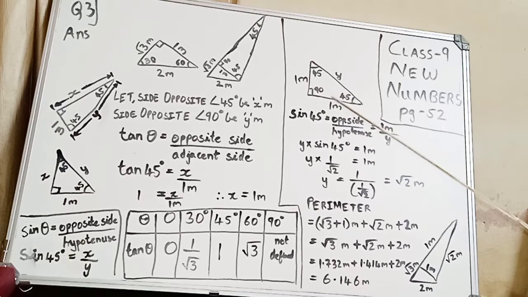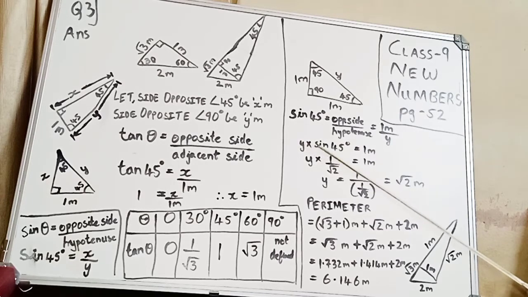So for sine 45, the opposite side would be 1 meter. You have to write in the numerator 1 meter, divided by the hypotenuse, which is the side opposite to the angle 90 degree, so it would be Y. So you have got sine 45 is equal to 1 meter by Y. This Y, if you take to the other side, the division will become multiplication.